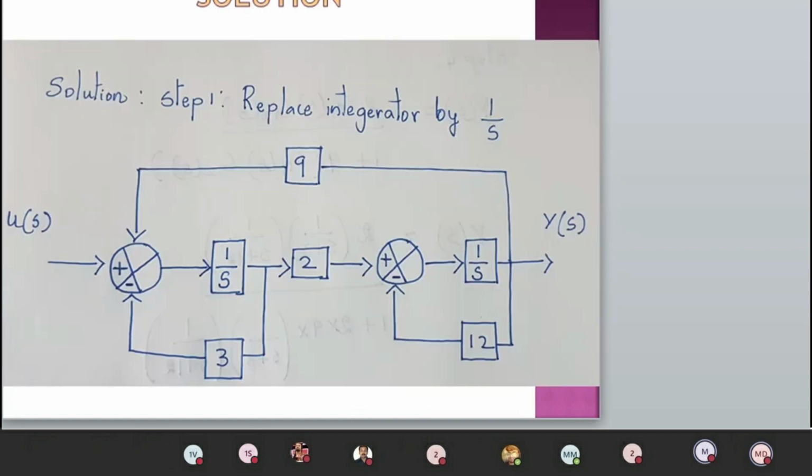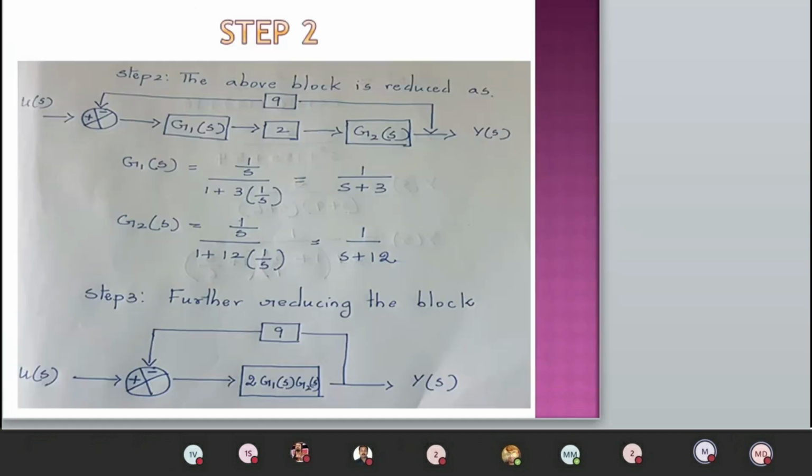Always remember the rule of elimination for negative feedback: G divided by 1 plus GH. Instead of G you have 1 by s, and H is 3. Let us take the first feedback elimination as G1 of s and the second as G2 of s.